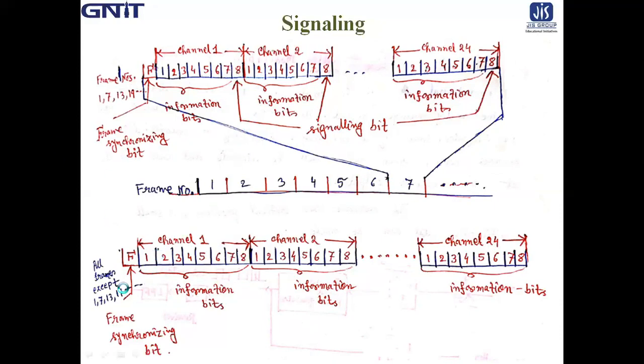But in all other frames, that is all frames except 1, 7, 13, 19, all the bits are information bits. So that is called bit slot sharing. We can use only a single channel for carrying both the information bits and signaling bits. That is called signaling, or channel associated signaling.